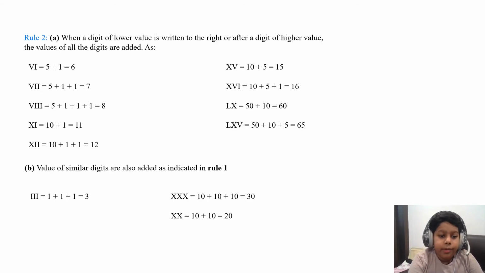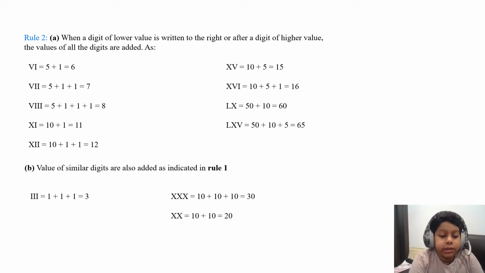Rule 2. When a digit of a lower value is written to the right or after a digit of higher value, the values of all the digits are added, as VI equals 5 plus 1 equals 6. VII equals 5 plus 1 plus 1 equals 7. VIII equals 5 plus 1 plus 1 plus 1 equals 8.